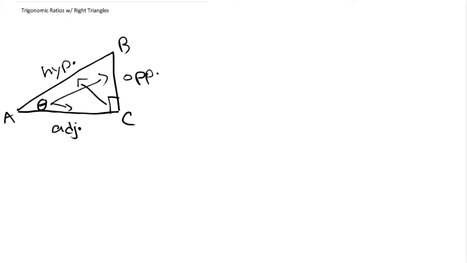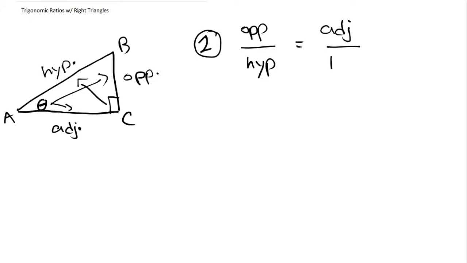So now let's look at the different ratios with a triangle. The first ratio that exists within a right angle triangle is the opposite side over the hypotenuse, right? The next ratio that exists is the adjacent side over the hypotenuse.